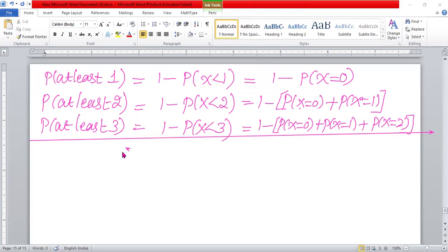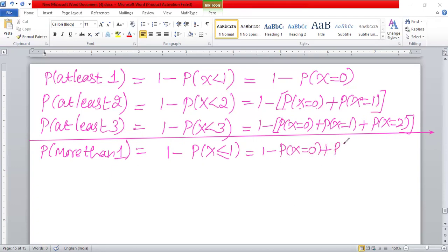Okay. The next formula: more than 1. So probability more than 1 is equal to 1 minus probability x lesser than or equal to 1. Put it in one line. That is more than 1 only. Therefore, 1 minus probability x equal to 0 plus probability x equal to 1, even 1 also we have to consider.